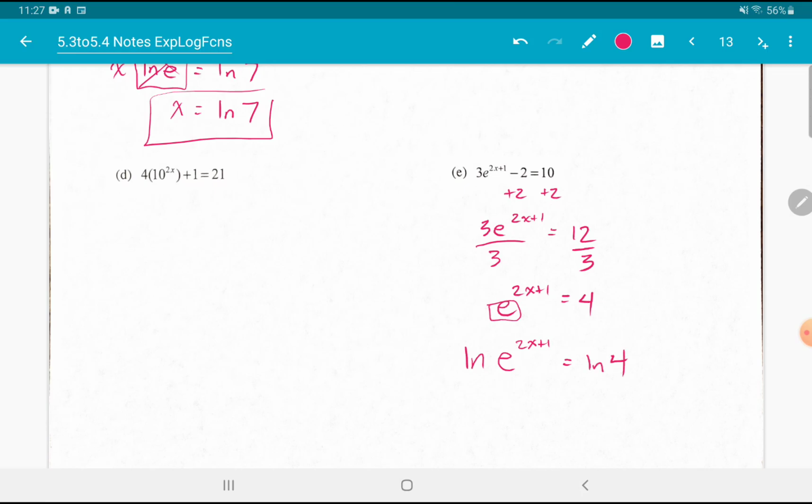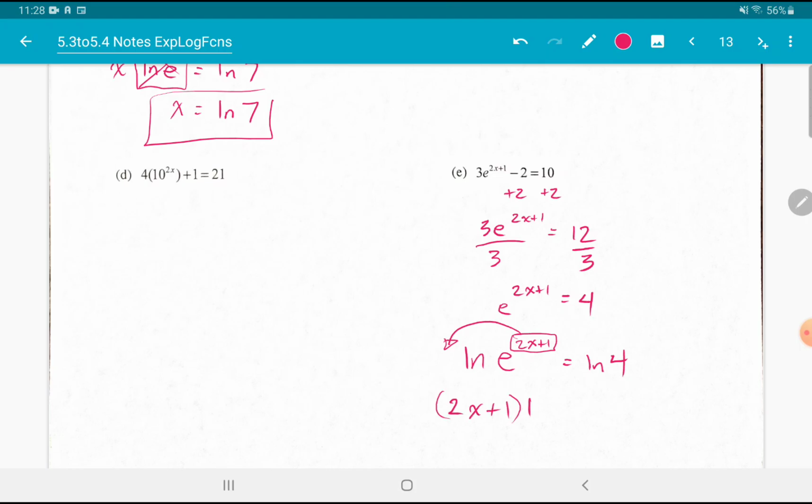Keep in mind you want to ln because of the base e. If this were some other number, let's say this were a number like 3, then you would just have to log both sides instead. But because it is specifically the e value, that's why we are using ln. Okay. All right, so from here, remember that if you ever have an exponent, you can bring it down. So you have 2x plus 1.